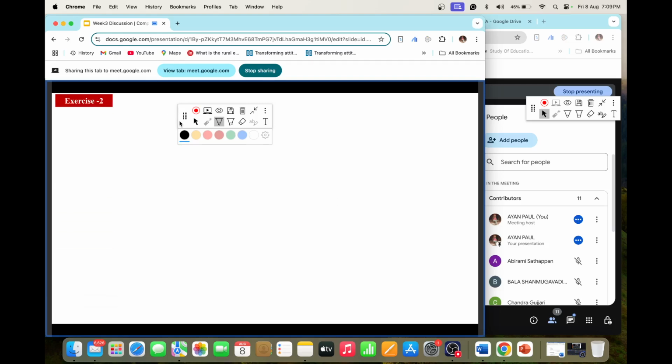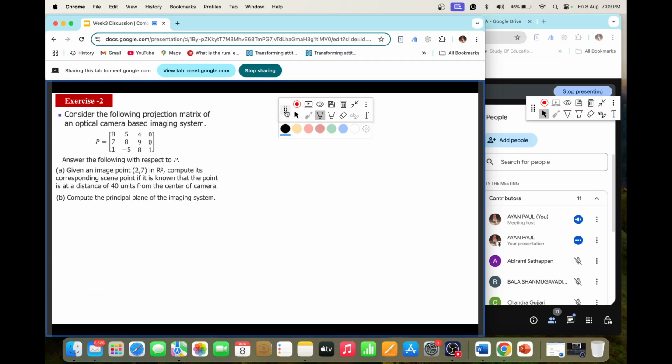Exercise 2. Consider the following projection matrix of an optical camera based on the imaging system, given an image point 2 comma 7. So 2 comma 7 is nothing but your small x comma small y in R square, which means real coordinates. And compute its corresponding scene point if it is known that the point is at a distance of 40 units from the center of the camera.